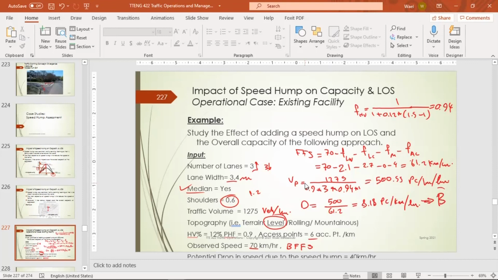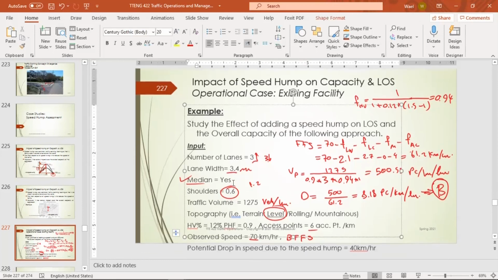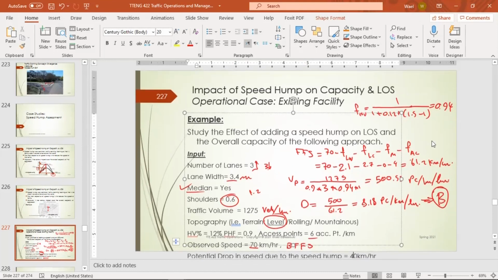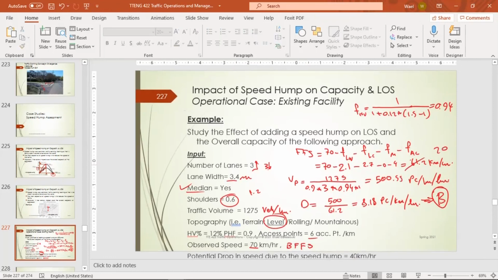So it's a B. Now, when we have a reduction, a potential drop in the speed, according to here, it's 40 kilometers per hour, so this is going to be operating at 20 or 21 kilometers per hour. Let's see the new density.